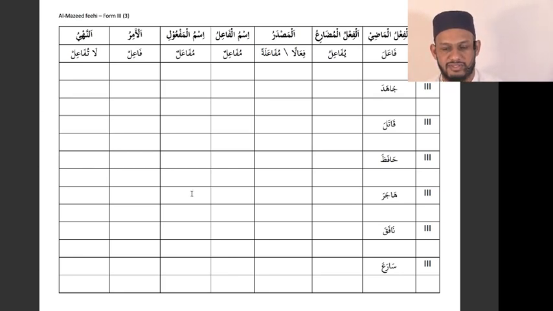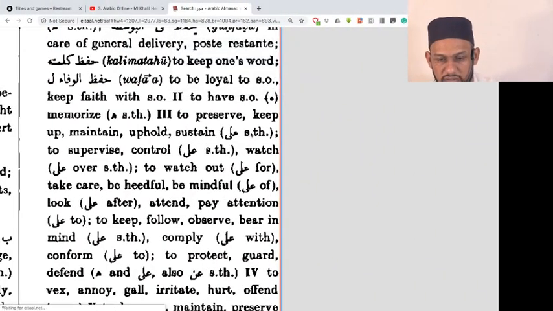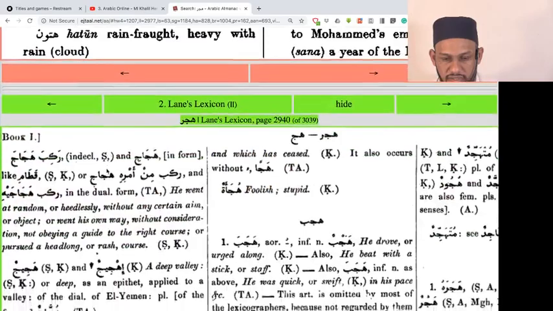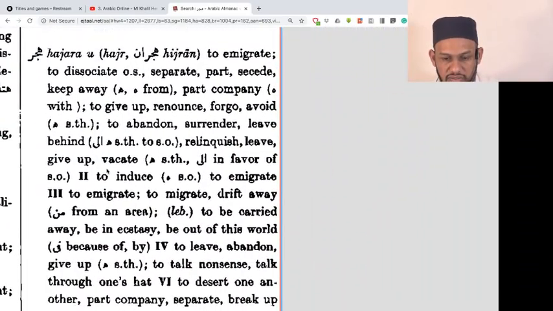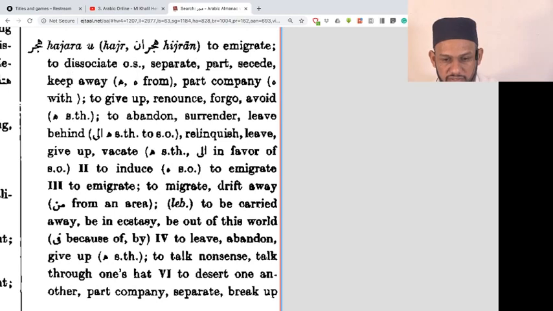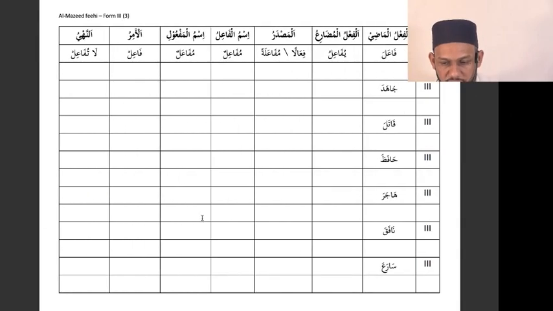Inshallah, let's give you the answers. Hajara, bismillah, hajara, ha, jim, ra. Hajara on the first bab means to immigrate, to disassociate, to separate, to part. On the third bab also means to immigrate, to migrate, to drift away, to be carried away, and so on. But again, it might have the extra connotation of being mutual with people. So hajara means he immigrated.